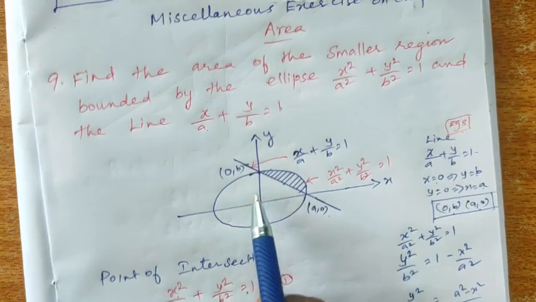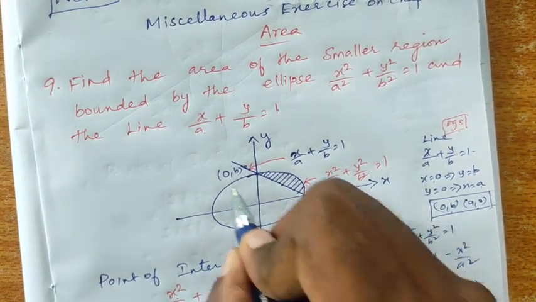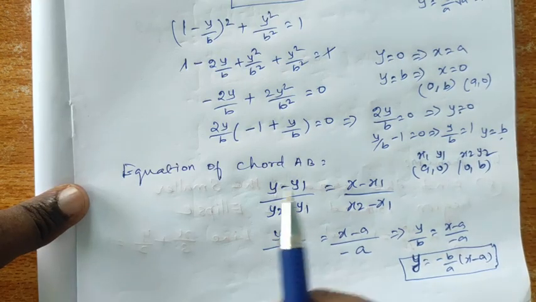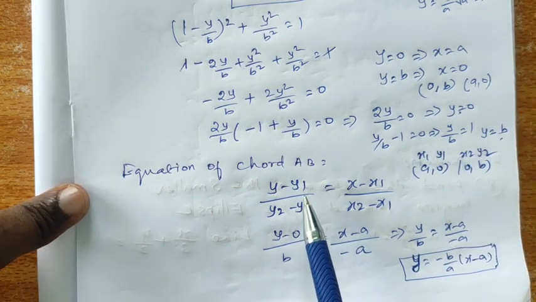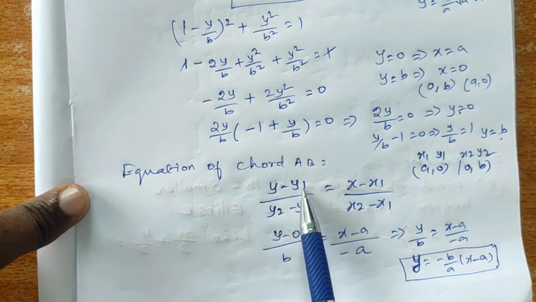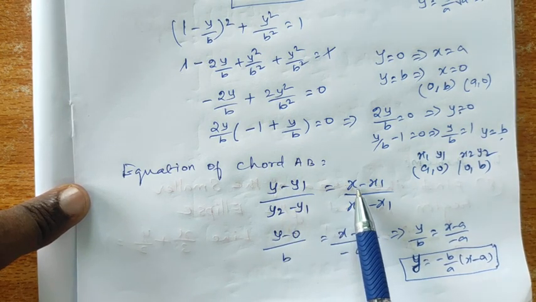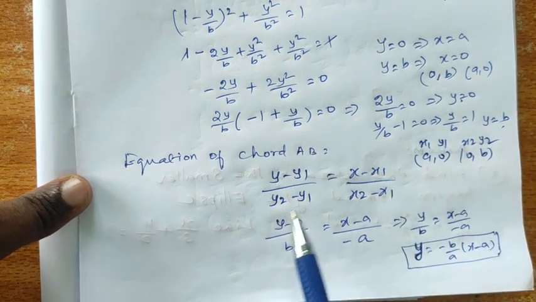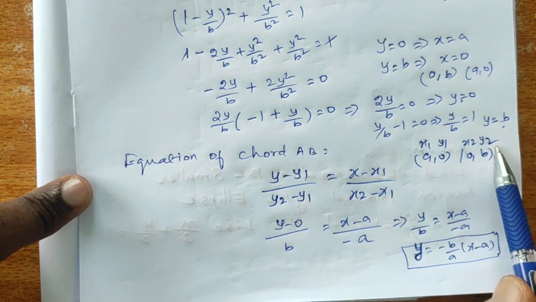Now we have to find the equation of the chord AB, name it as AB. So equation of chord AB, we know that we found many problems. Alright, y minus y1 by y2 minus y1 is equal to x minus x1 by x2 minus x1 is the known formula. Apply the values of x1 y1 and x2 y2.